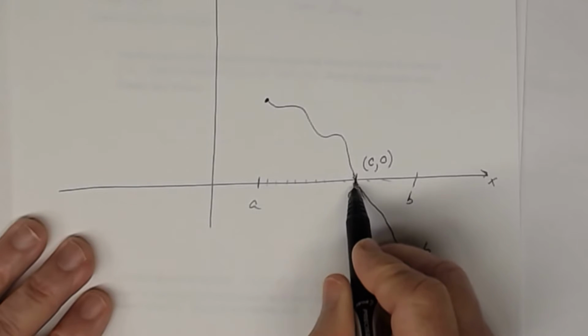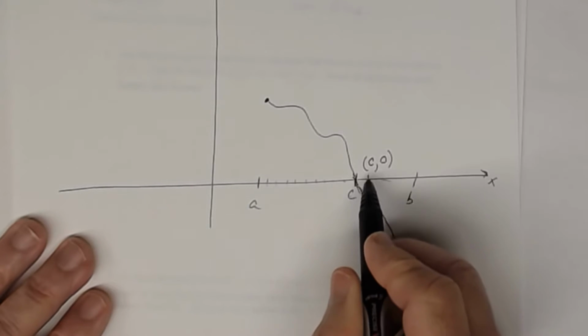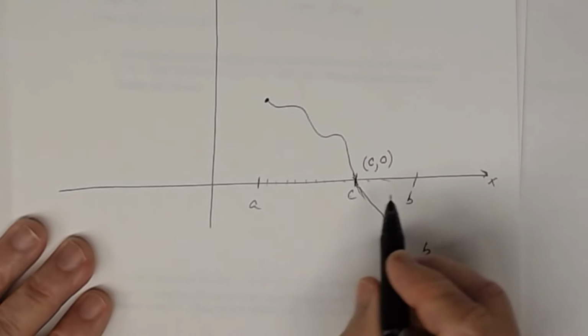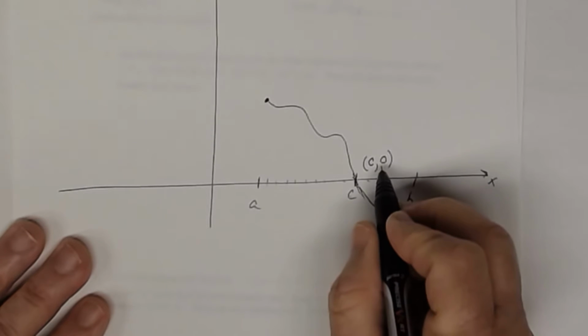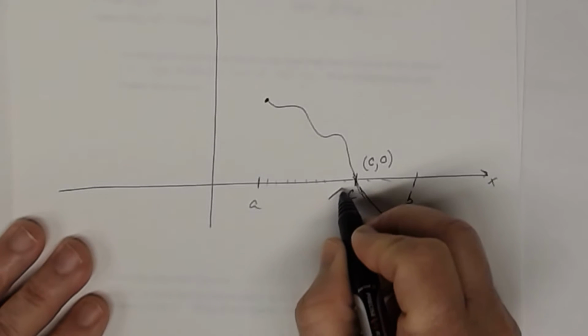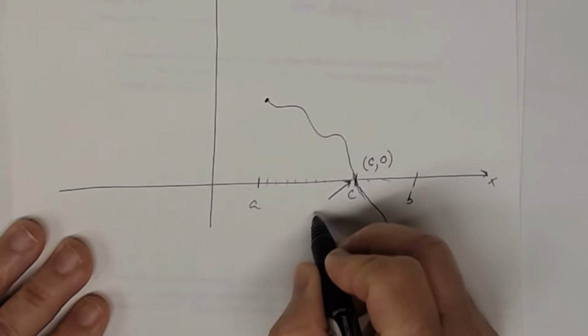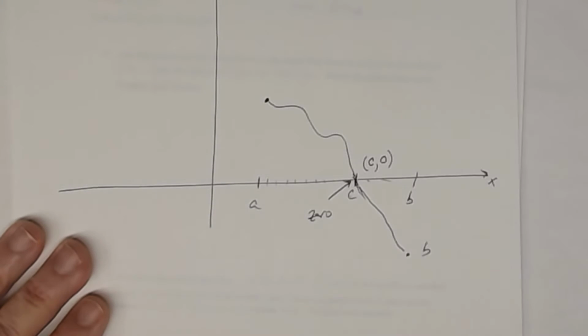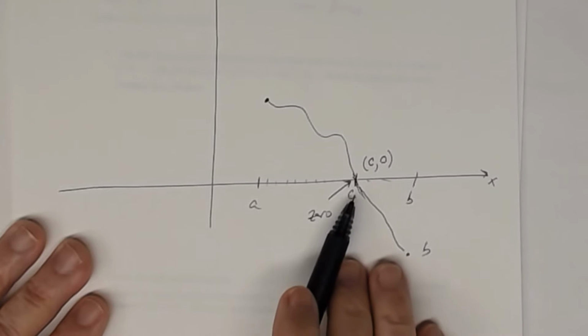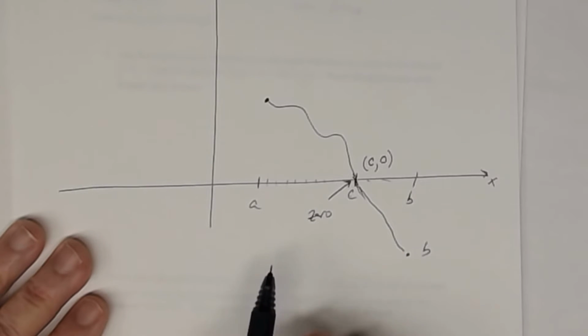Because remember, wherever the graph crosses the x-axis, my y value is 0. Wherever the graph crosses the x-axis, that point is called a 0. So when x is c, that's where the function is 0. Your y value is 0.